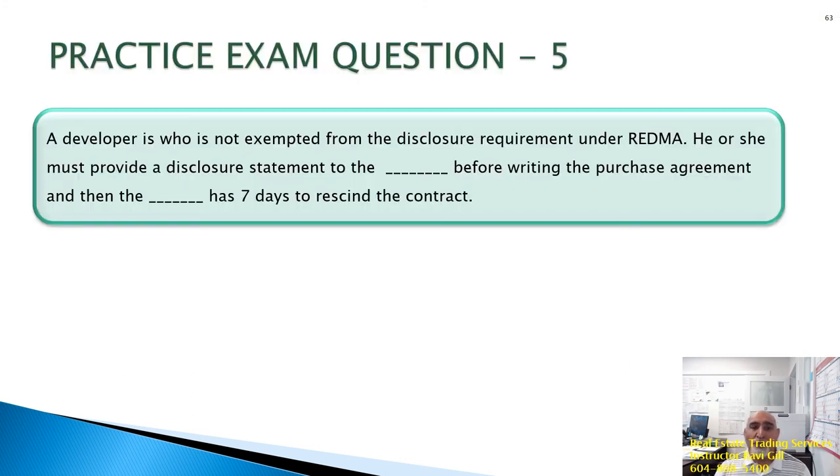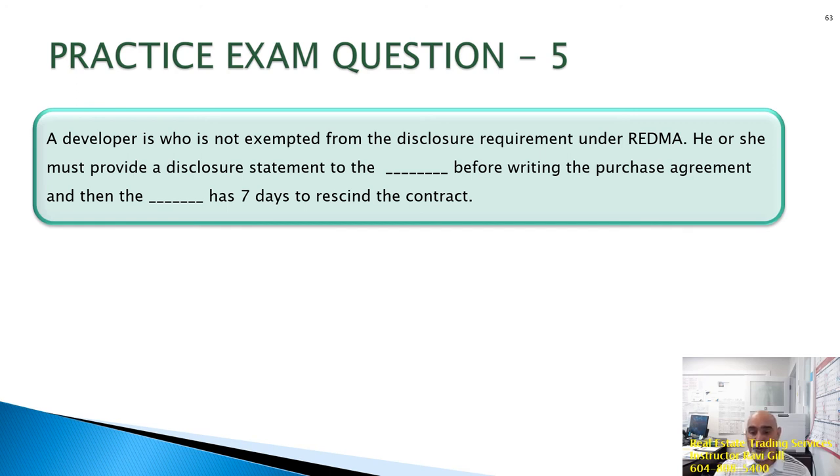A developer who is not exempted from the disclosure requirement under REDMA must provide a disclosure statement to who before writing the purchase agreement, and then the person has 7 days. Well, who does the developer provide the disclosure statement to?